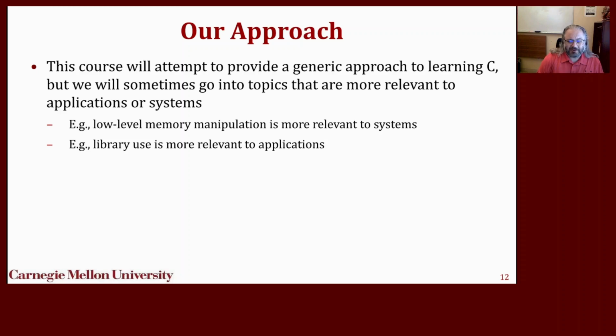So for example, when we start talking about low-level memory manipulation, that's definitely something that application programmers don't want to have to do. That's more of a system programming thing. When we talk more about data manipulation, that's more of something that applications are going to want to do. So we'll talk about both of these and try to do that relatively generically so that you get the value on all fronts.